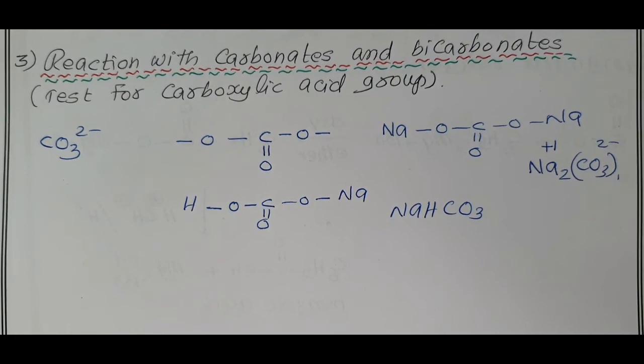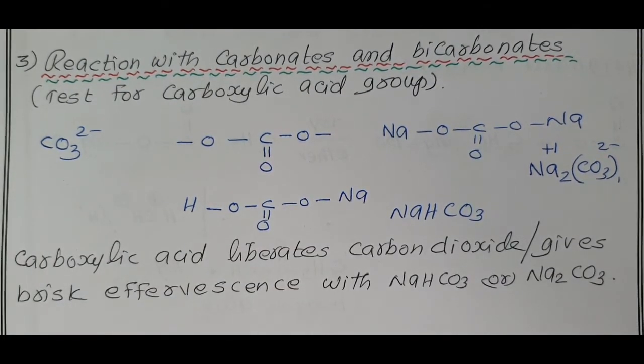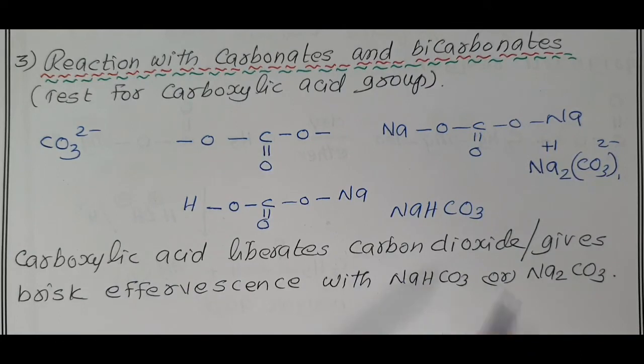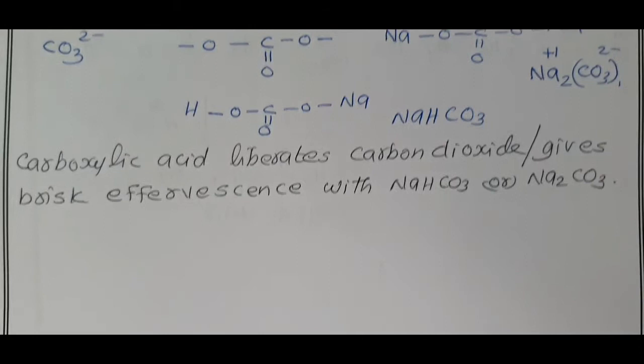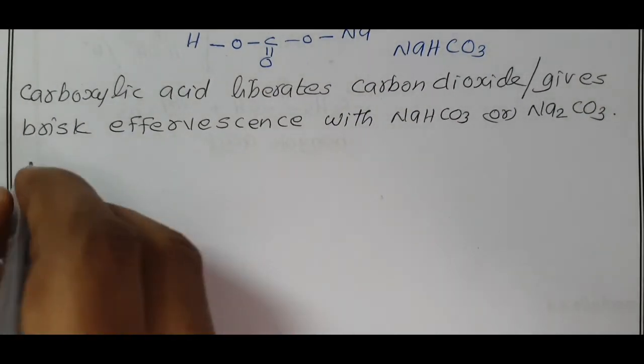What is the test for carboxylic acid? Carboxylic acid liberates carbon dioxide or gives brisk effervescence due to the liberation of carbon dioxide with sodium bicarbonate or sodium carbonate. The reaction is an easy reaction.